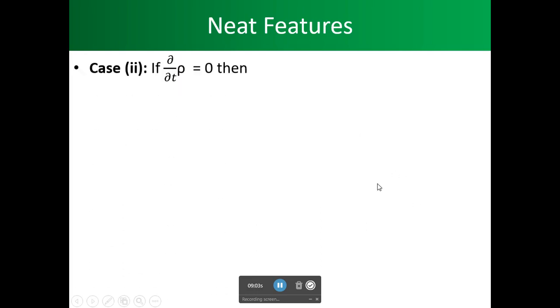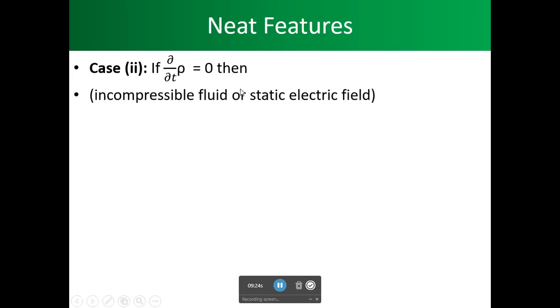So let's look at case 2. Case 2 is if we have the change over rho, and that's equal to what? 0. So if you set that equal to 0, then what happens?